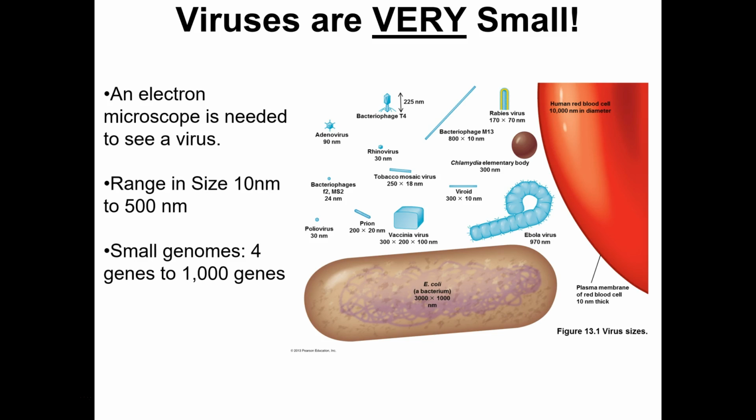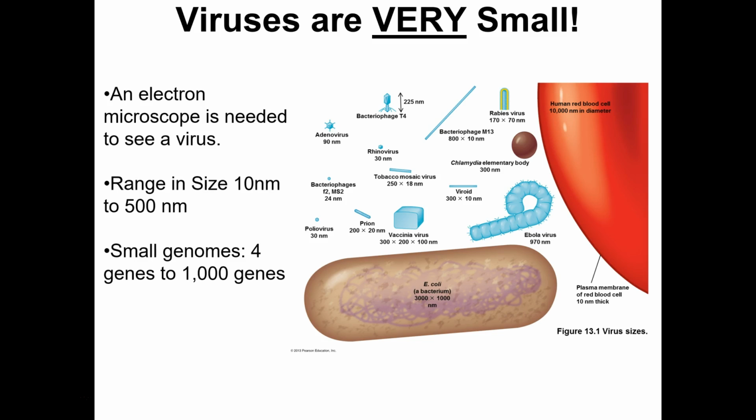Now, with this diminutive size, with these tiny, tiny viruses, that means there's not a lot of space to pack genetic material. So, to put things into perspective here, we can measure the size of their genomes based on how many genes you find in a virus. And the range is 4 to 1,000 genes. 1,000 is not fair. Most of them are on the lower end here.